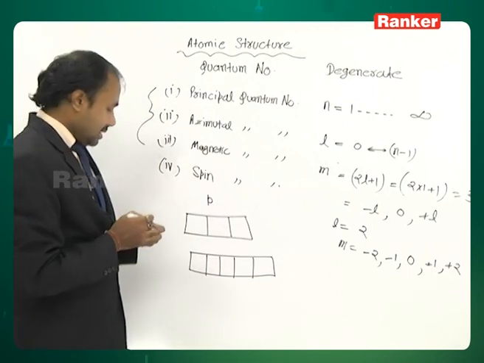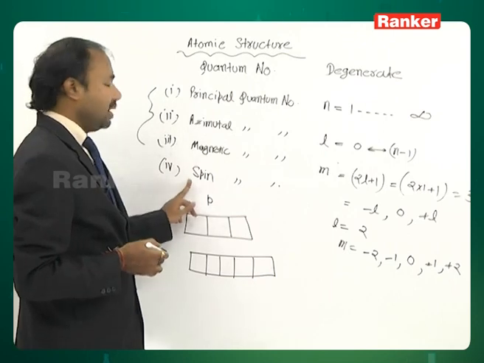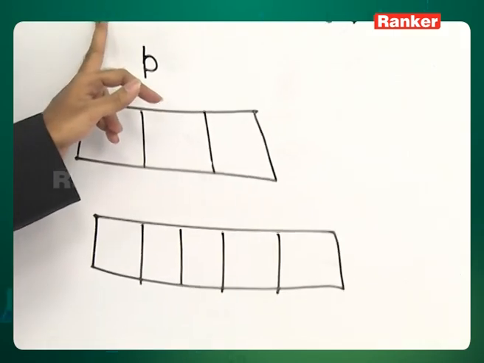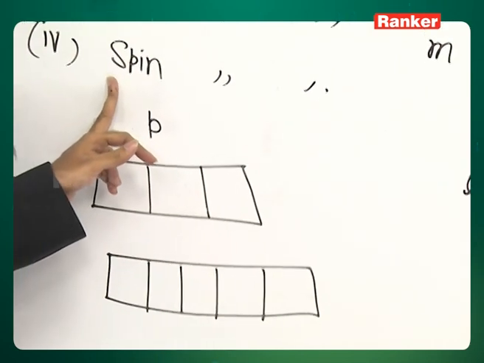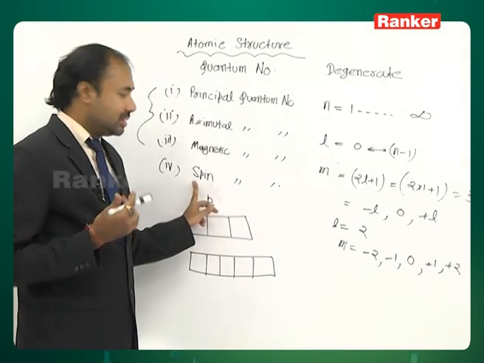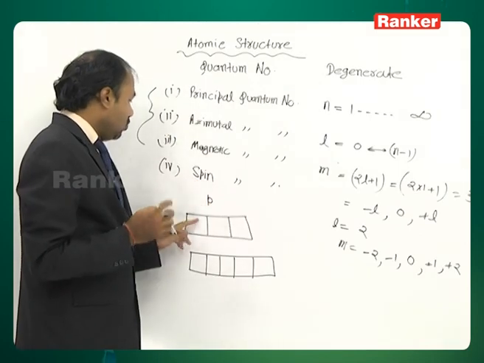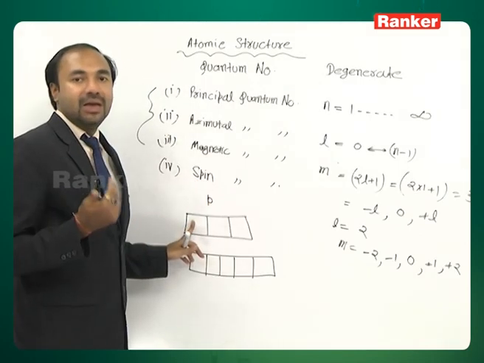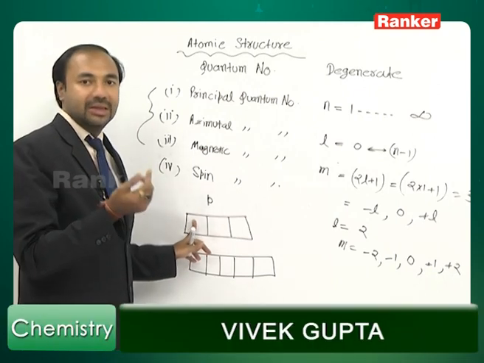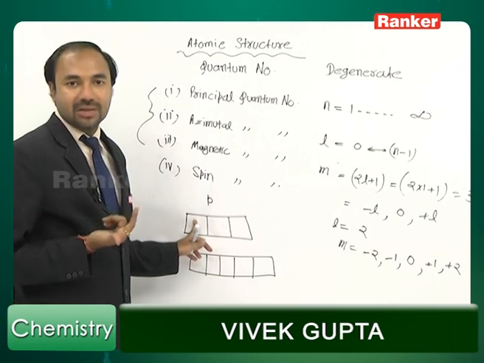Now come to the fourth quantum number, that is the spin quantum number. The spin quantum number talks about the electron present in a particular orbital. See, in one orbital, we can have a maximum of 2 electrons which spin in opposite directions.